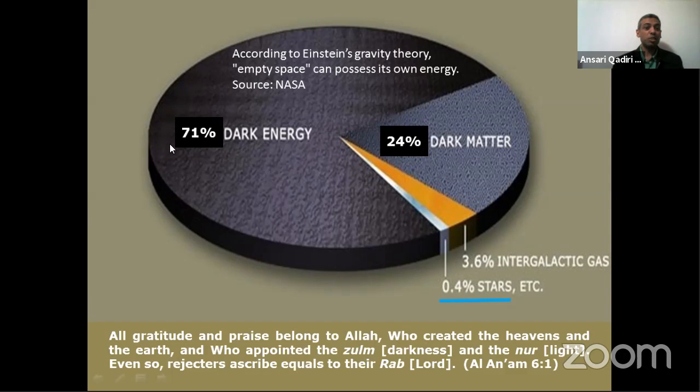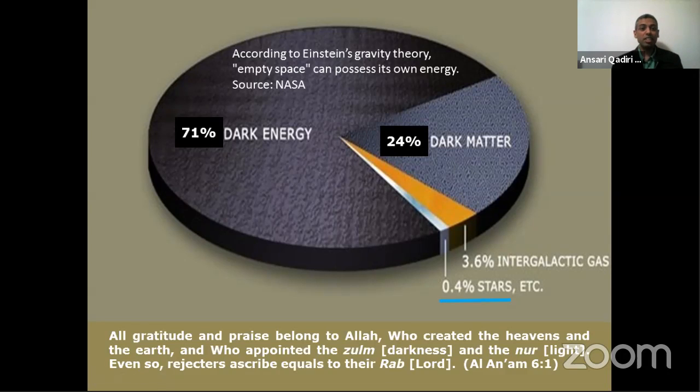So there is 71% of what we call dark energy that we don't know about. And Einstein explains that space can have its own energy. Now, this dark energy is not something we should be scared of. It is basically something that they have not discovered yet. Scientists are still researching and they don't know what it is yet, and this is why they call it dark. And the same thing applies for dark matter.